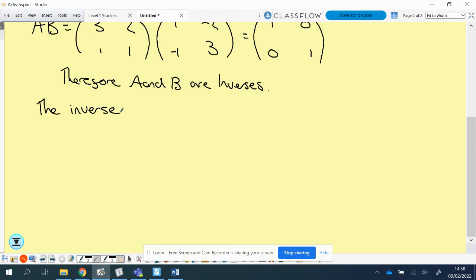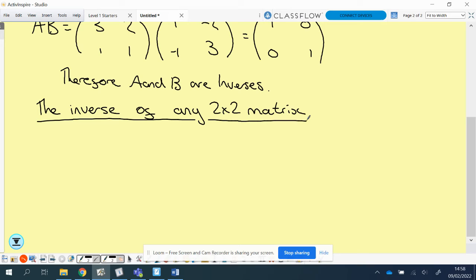So the inverse of any 2 by 2 matrix we'll start off with, and then we'll look at the 3 by 3 case, which does get a bit more involved.